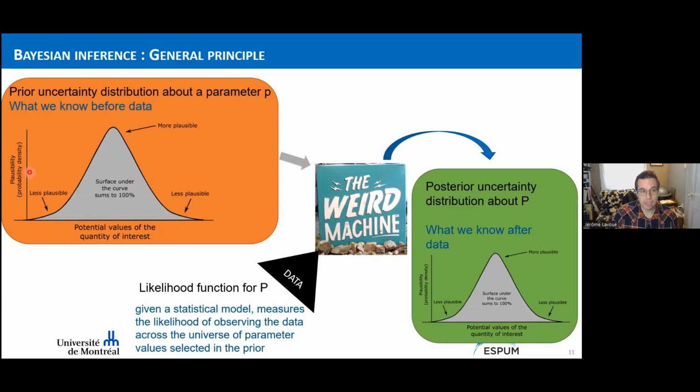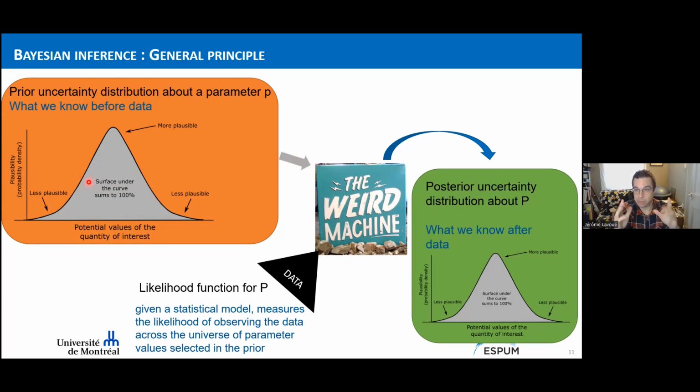For example, if you think that any value between here, as I show with my pointer, and here on the right are equally plausible, then the uncertainty distribution would be just a horizontal line. We call that a uniform distribution. So all the values between here on the left and here on the right would be equally plausible. That would mean to say my prior information is that within that range, every value is equally plausible.